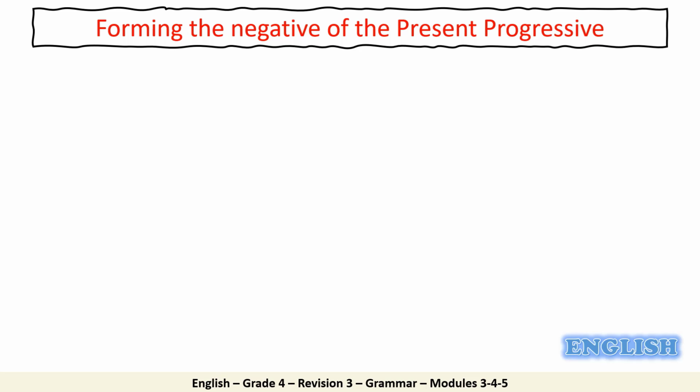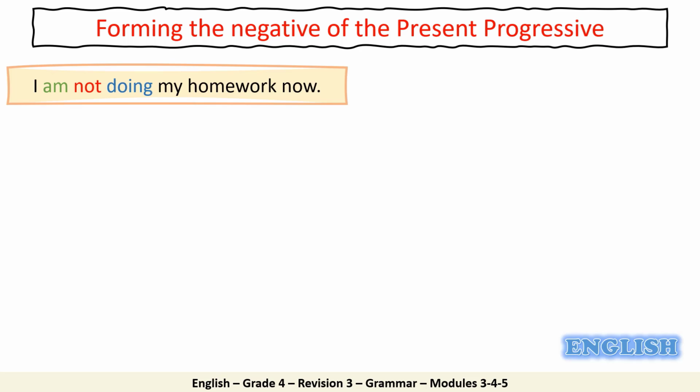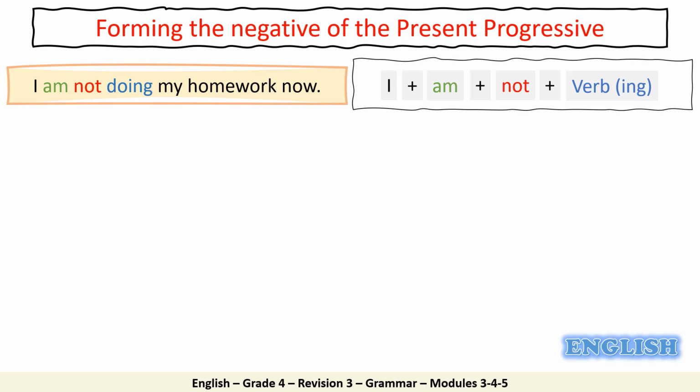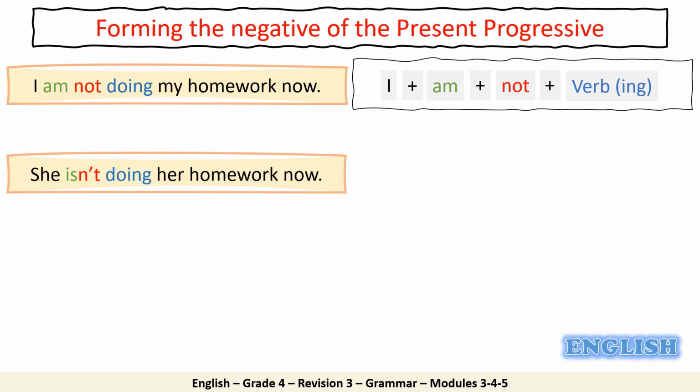Forming the negative of the present progressive. In the first sentence, I am not doing my homework now. We form it by starting with I plus am plus not, and then the verb in the ing. Next, she isn't doing her homework now.